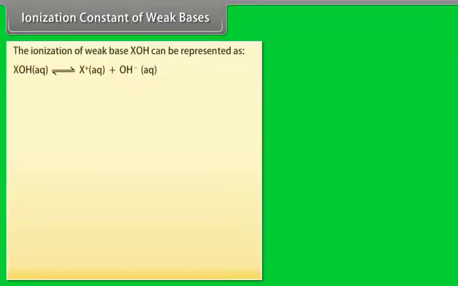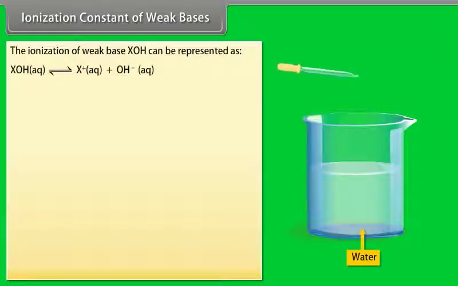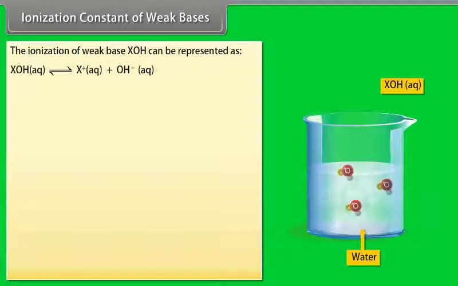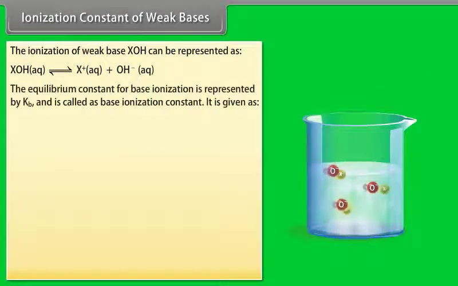Ionization constants of weak bases. The ionization of a weak base XOH can be represented as follows. The equilibrium constant for base ionization is represented by Kb and is called the base ionization constant.